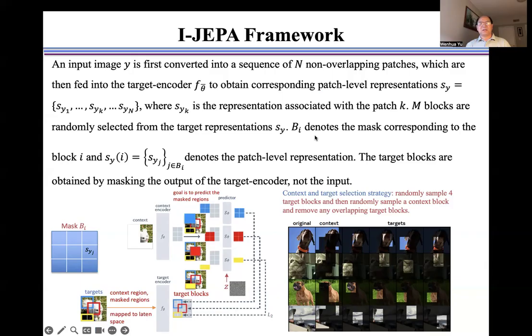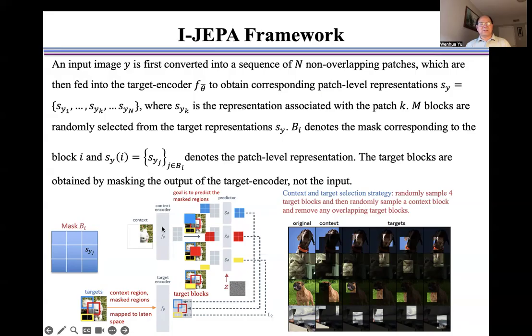B_i denotes the mask corresponding to block i, as shown here, and sY_i denotes the patch-level representation. The target blocks are obtained by masking the output of the target encoder, not the input, as shown here.